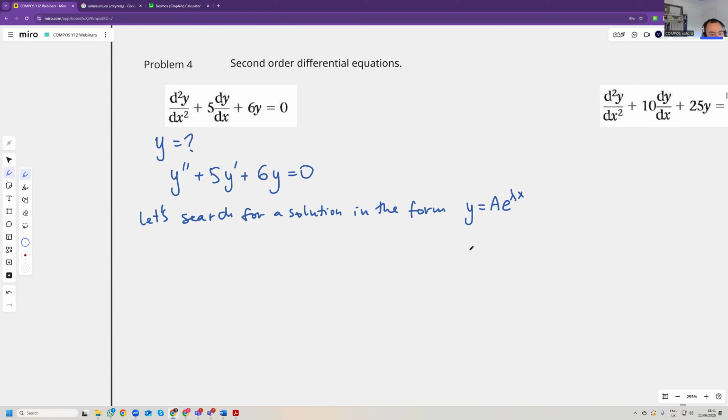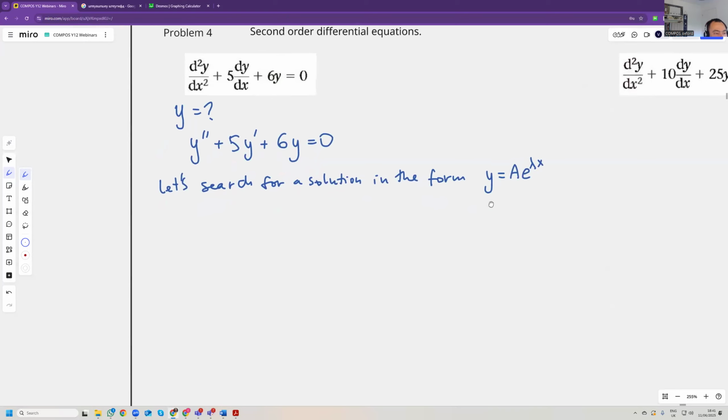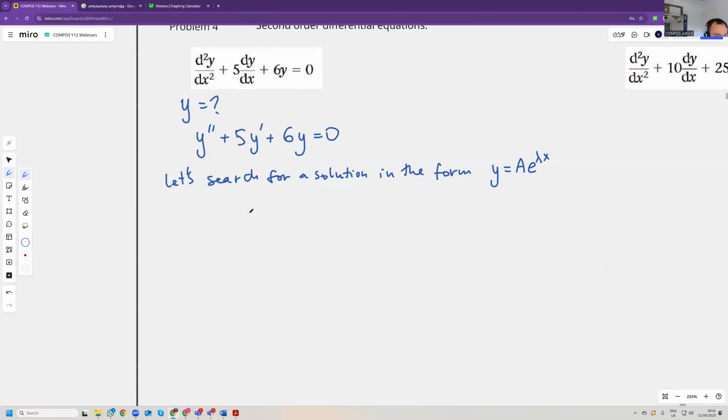Okay. And then we find the first derivative. So if y is A e to the lambda x, where A and lambda are unknown constants, the first derivative is going to be A lambda e to the lambda x using the chain rule. And the second derivative is going to be A lambda squared e to the lambda x. Right, does that make sense so far?